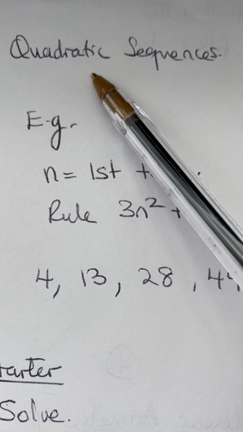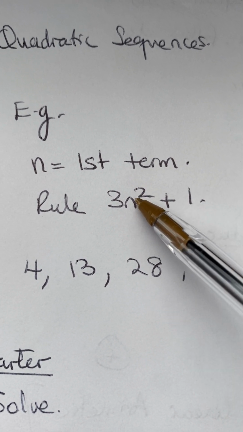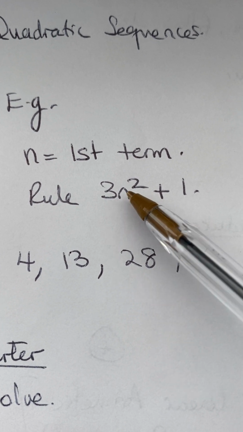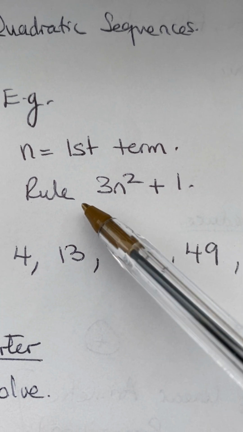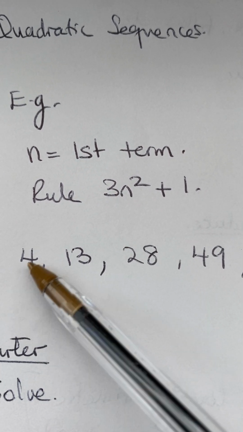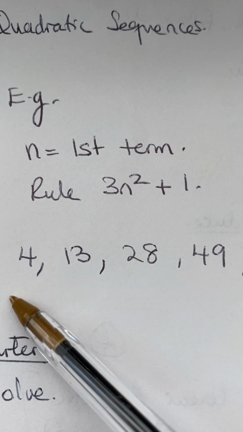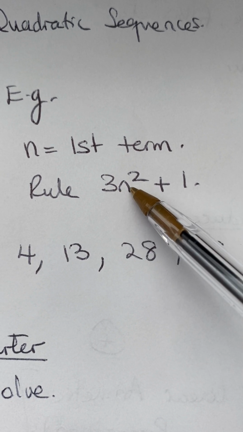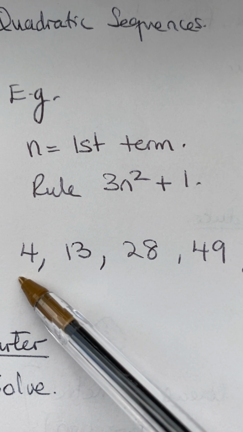Immediately you see the square sign, you know it's quadratic. So the first term is n equals 1: 1 squared is 1, times 3 is 3, plus 1 is 4.